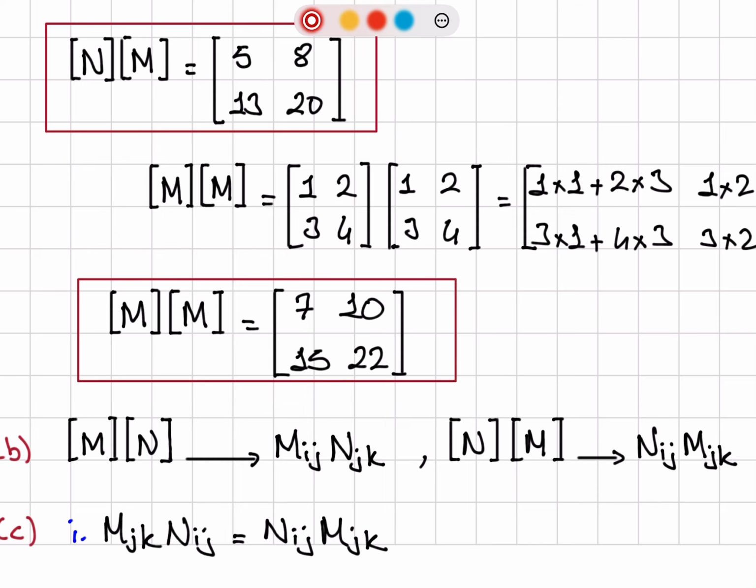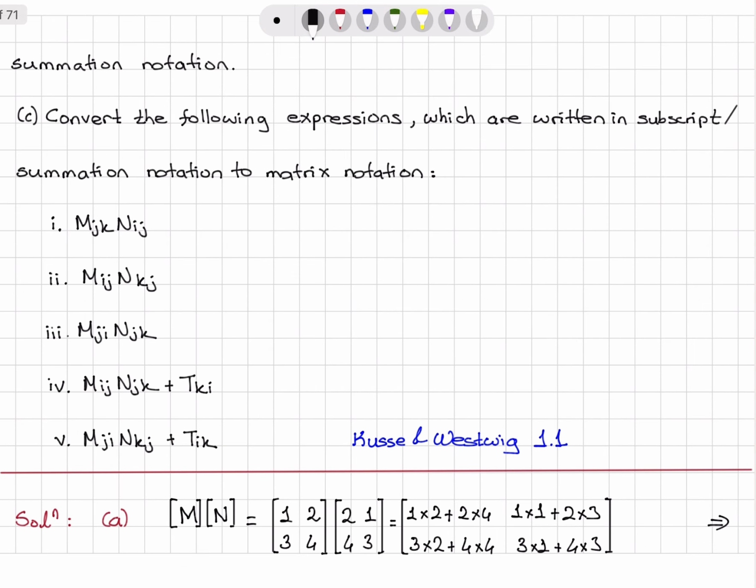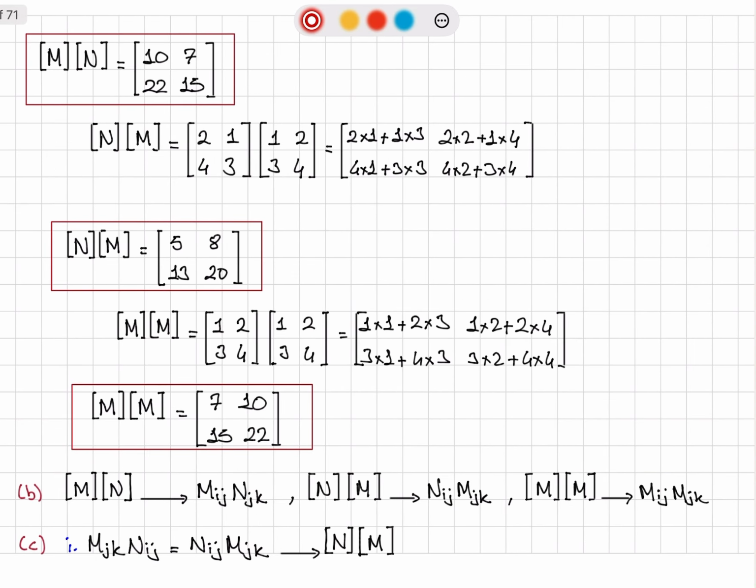I'm just changing their order in the product. And the summation is over j. This is going to give me the ith row, kth column element of the product matrix. So what I'm really doing here, in matrix notation, is multiplying the N matrix with the M matrix. So that's the meaning of this in subscript summation notation.